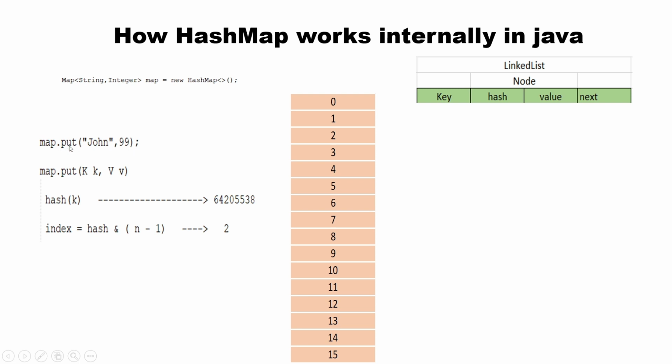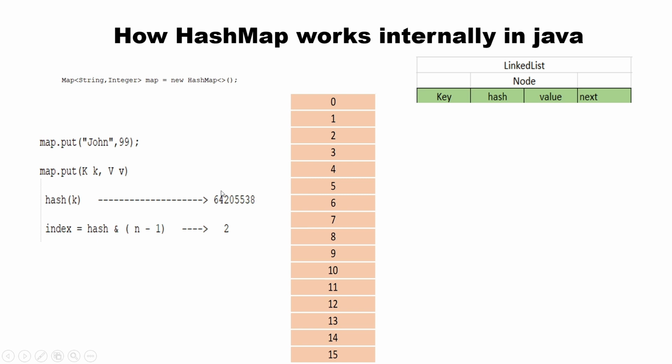When you call this put function, it internally calls the hashcode function, which takes the key, John, as an argument and generates the hash code for your key. The return type of this hash function is integer.